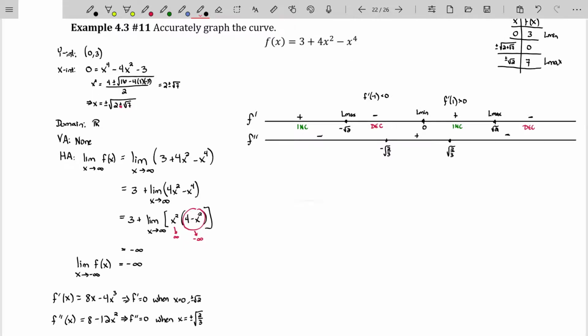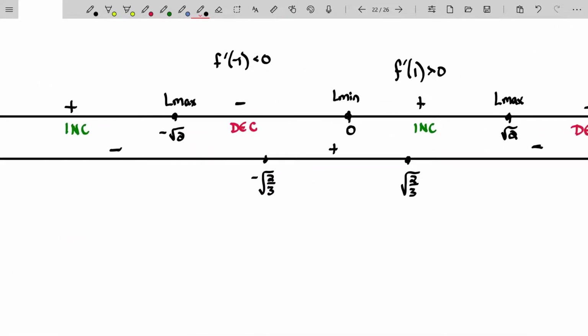What is the ramification graphically? Wherever the second derivative is negative, it's concave down. Wherever your second derivative is positive, your curve should be concave up. And where the second derivative switches signs, as long as your second derivative is continuous, you have an inflection point.